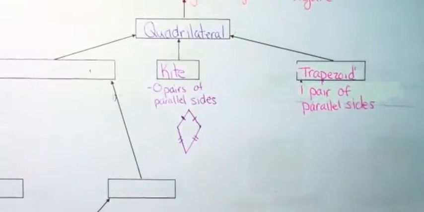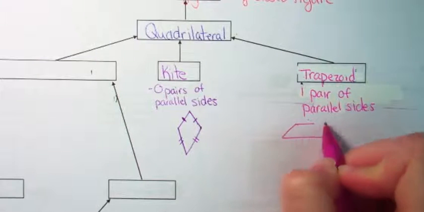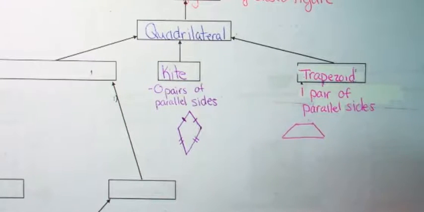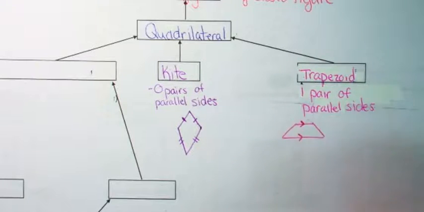So a trapezoid. A basic trapezoid is the one that most people draw, that looks like this. Plain old trapezoid. 1 pair of parallel sides. We show that they're parallel using this little arrow symbol.